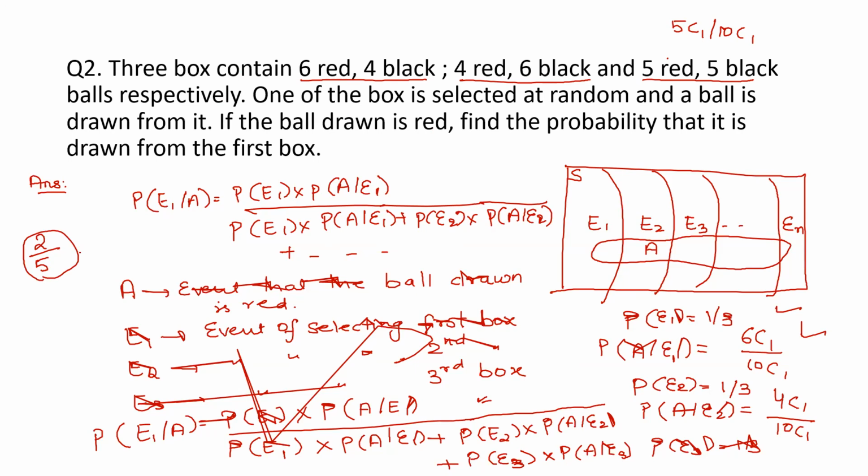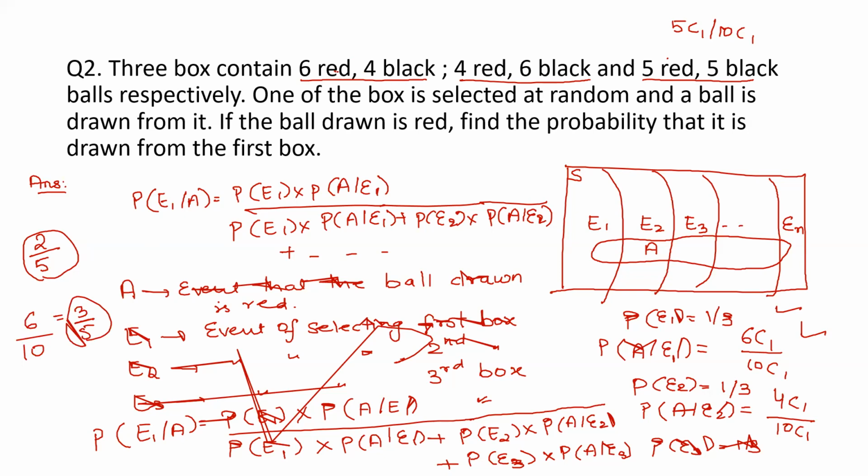Umair, please unmute yourself and tell me what value you are getting. What is P(A/E1)? 1 by 5? Why 1 by 5? Why not 6 by 10? 6 by 10 is 3 by 5.